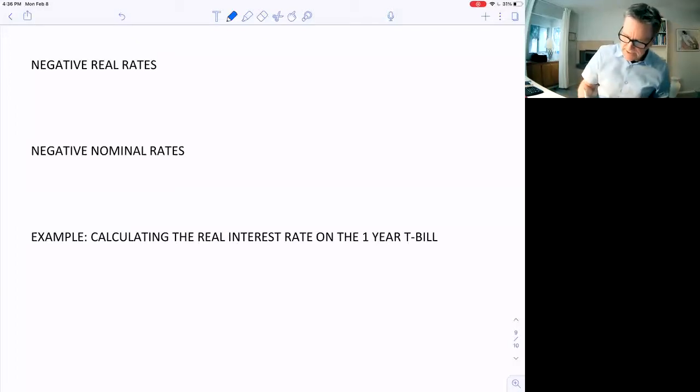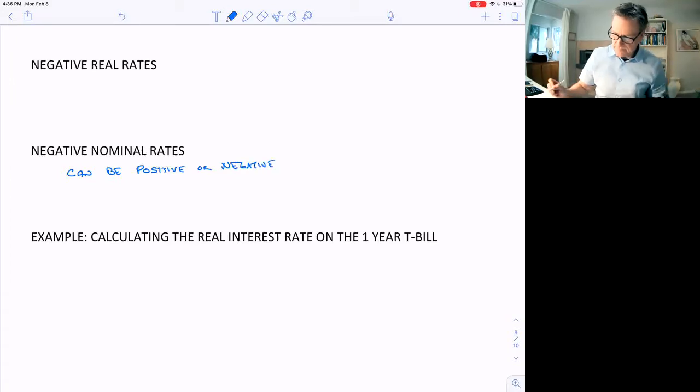So nominal rates can be positive or negative. What about real rates? They can also be positive or negative.